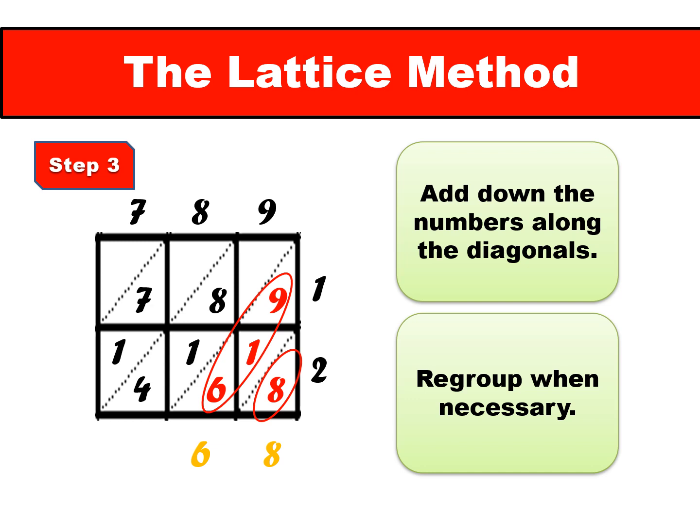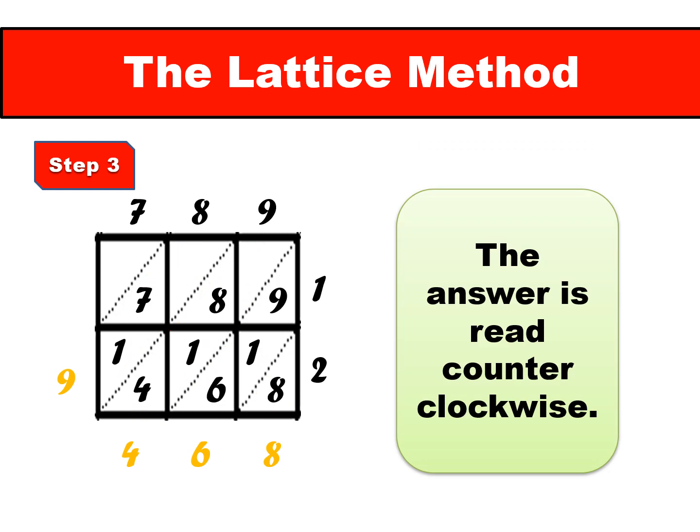Bring down 6, regroup 1. 1 plus 8 plus 1 plus 4 is 14. Bring down 4, regroup 1. 1 plus 7 plus 1 is 9. The answer is read counterclockwise.